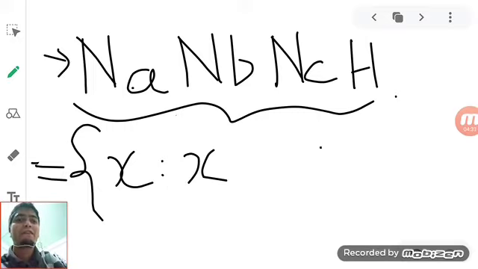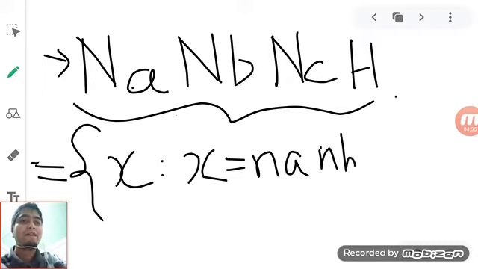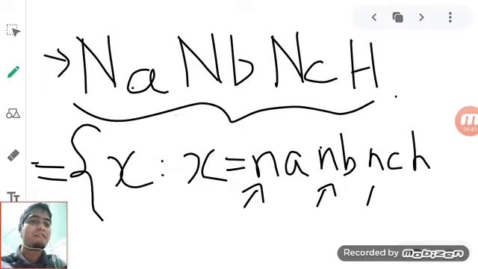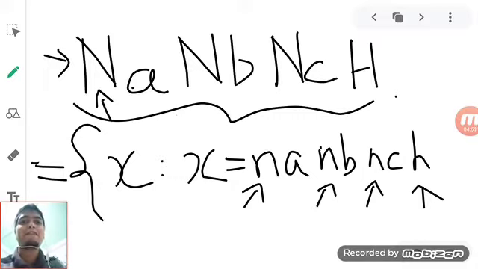Now we have to be very careful. Some of you may be thinking that we can write this one as NaNbNc and small h, where small n belongs to capital N and small h belongs to capital H. But over here we have to be very careful. Even though it is the same set N everywhere, once you write it element-wise, the elements may be different.